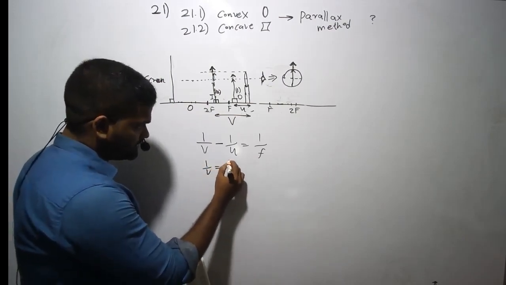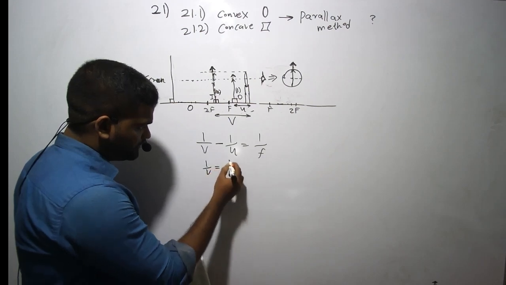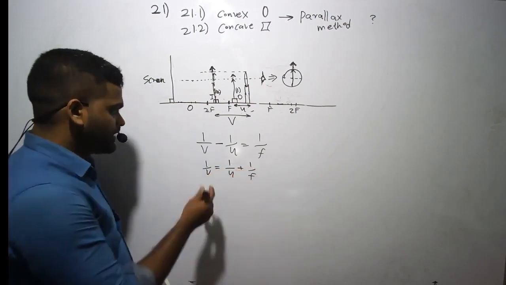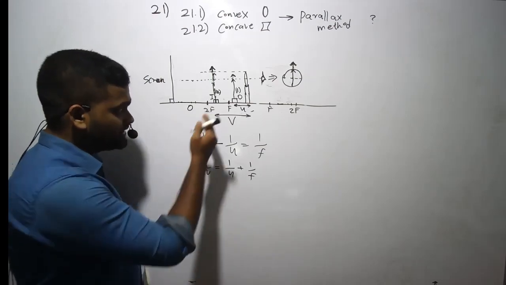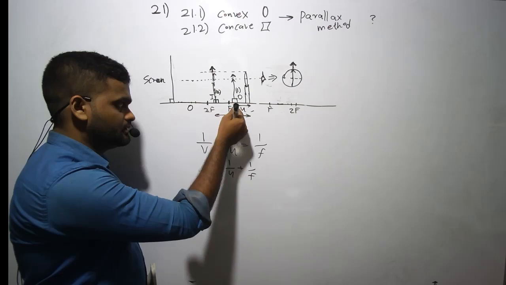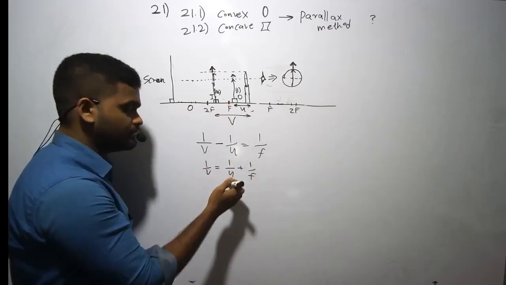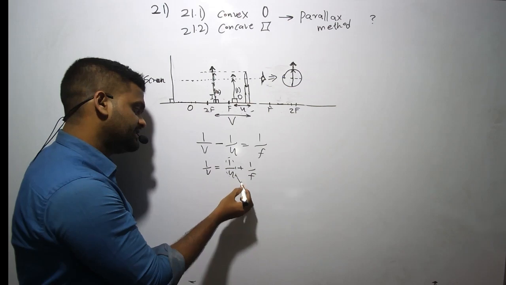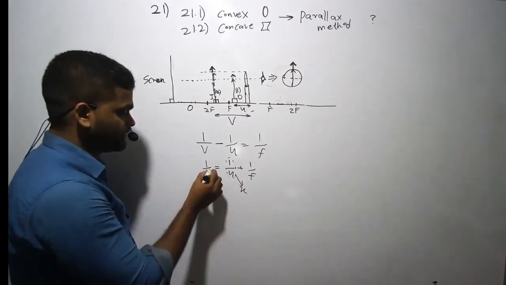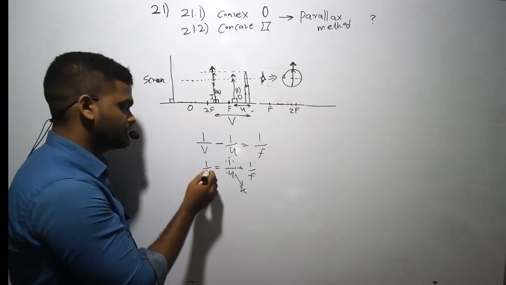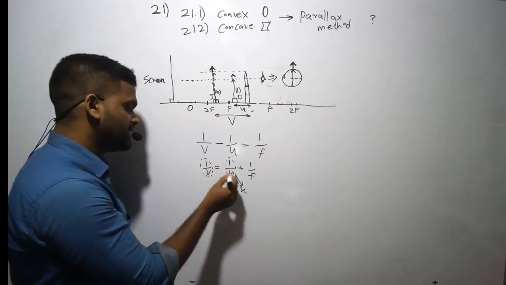So I can say 1 over V is equal to 1 over U plus 1 over F. So here in the experiment, what we are changing is this object distance. So that is going to be the independent variable or the X, right? So 1 over U, I'm going to use as the independent variable X. According to X, V changes. So it is dependent on this one, right?